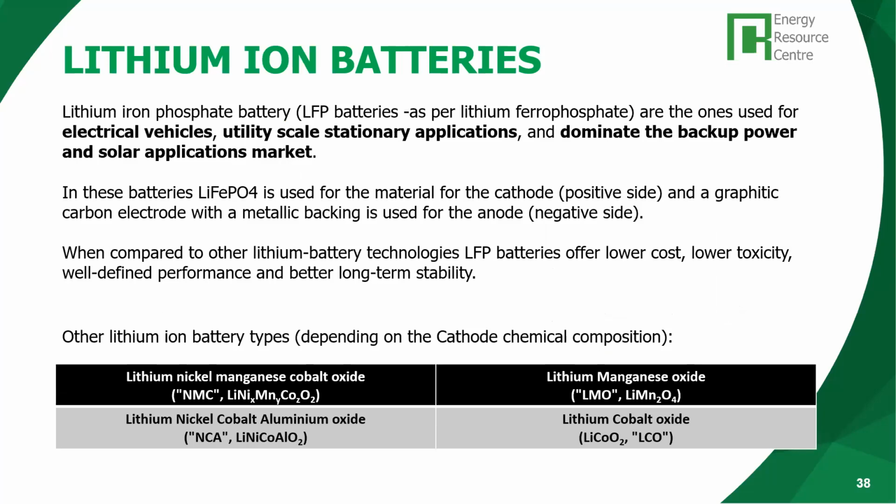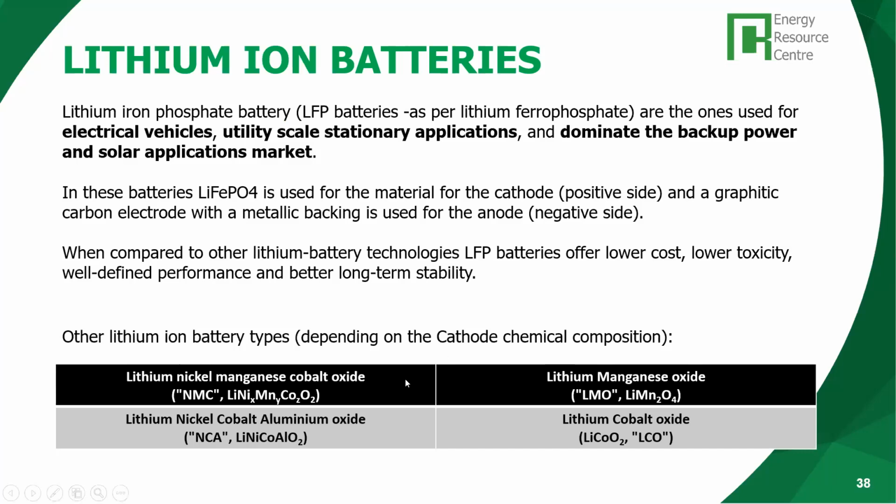As I said, the different types of lithium-ion batteries depend on the chemical composition of the cathode. Practically the only ones we find in the solar market are the lithium iron phosphate batteries, normally known as LFP, because the cathode is built out of a ferrophosphate. This is the material for the cathode, and again, in the anode we will have graphite.